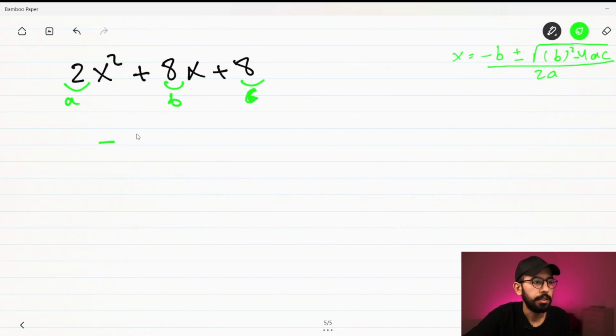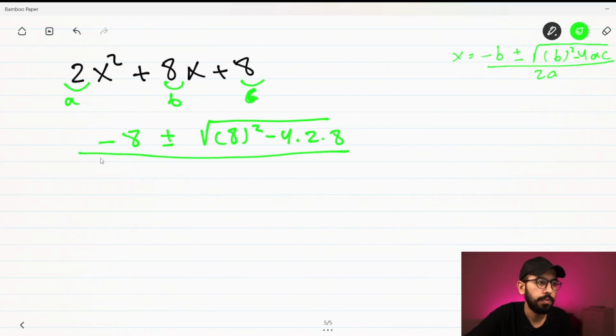Minus b, or minus 8, positive or negative, we open our root, b squared, which is 8 squared, minus 4 multiplied by a, which is 2, multiplied by 8, which is c, and all of it is over 2 multiplied by a, which is here 2.